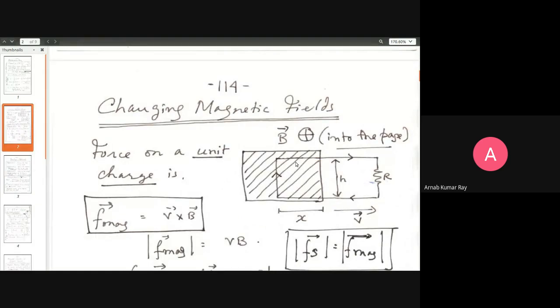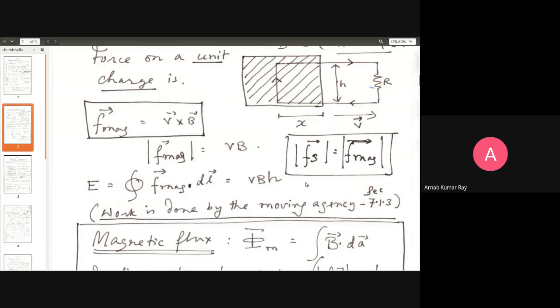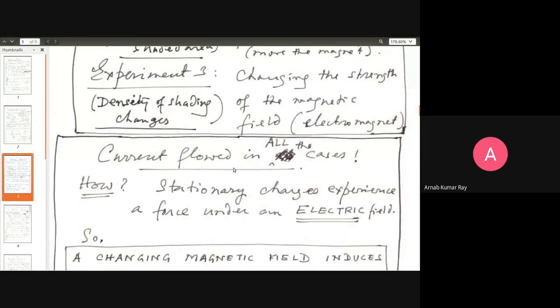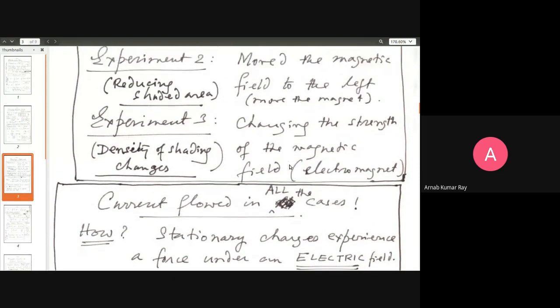So in experiment 2 and experiment 3, we have done nothing with the wire loop. The charges in the wire loop are fixed. They don't have any velocity. Nobody is pulling the wire loop. The wire loop is as it is. And yet, when we tinker with the magnetic field, as we take it either to the left or we increase the shading of this area, we see that a current is flowing in all the cases, in experiment 2 and experiment 3.